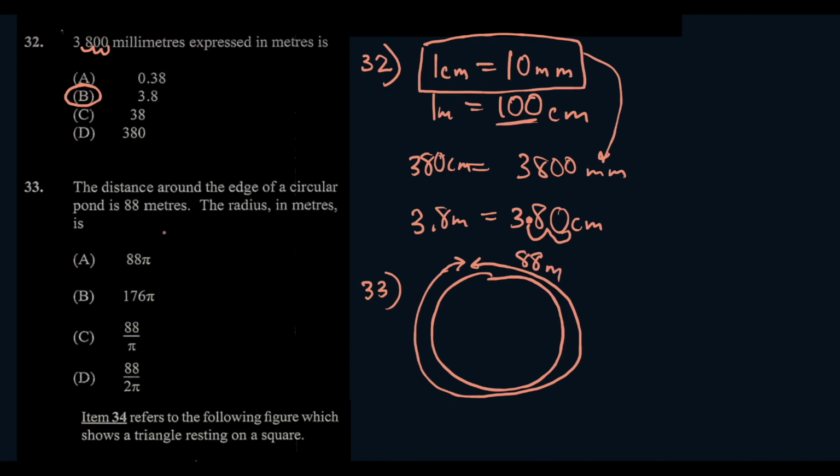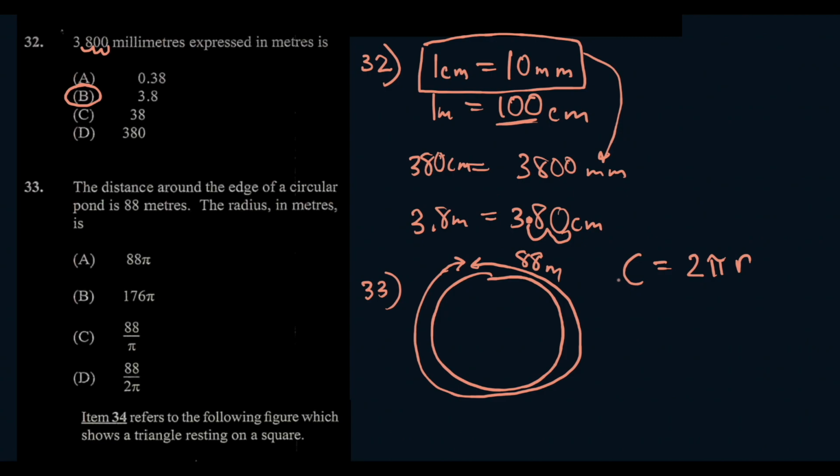Now the radius in meters, we need to figure out an expression for the radius. When we are usually representing the distance around a circle, what we know as the circumference, that is equal to 2 pi r.